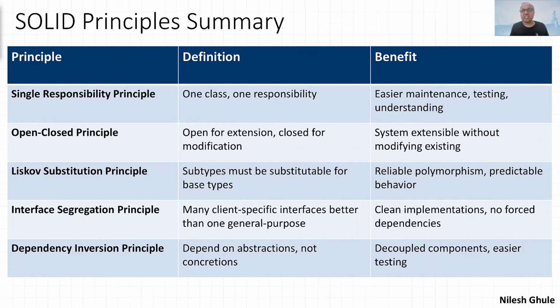The interface segregation principle: many client-specific interfaces are better than one combined general-purpose interface. And then the dependency inversion principle, where both high-level and low-level classes depend on the abstraction. Yes, these SOLID principles provide you guidelines to think in the right spirit for writing object-oriented applications.